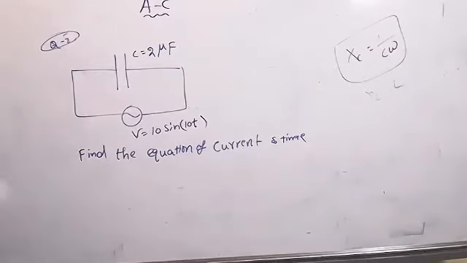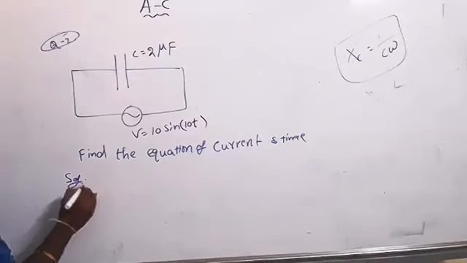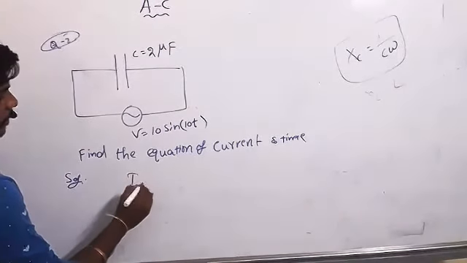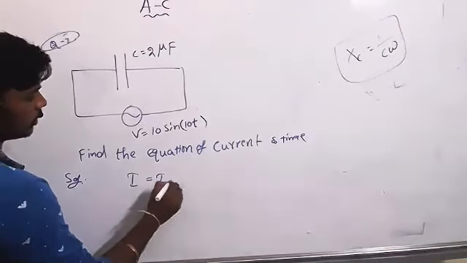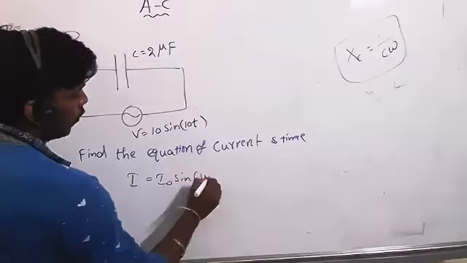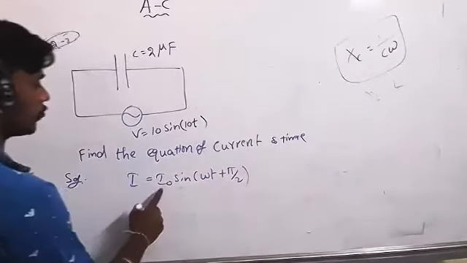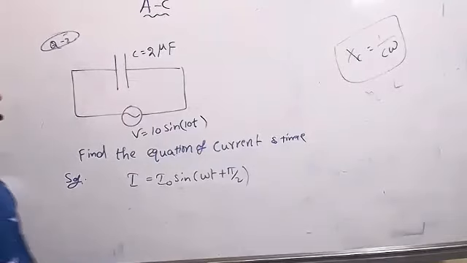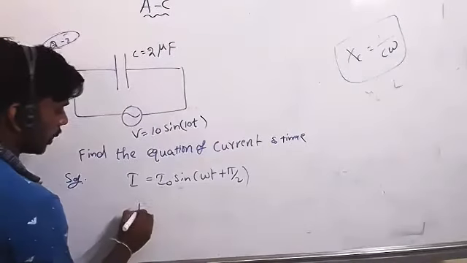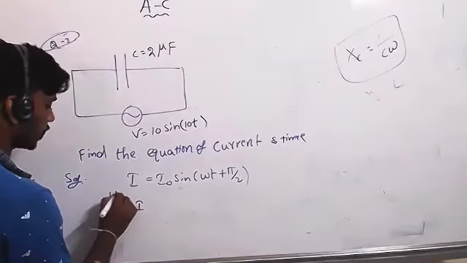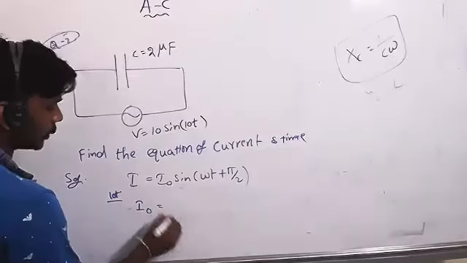Now what will you do? Solution. Equation of current in a capacitor: I is equal to I naught sine omega t plus pi by 2. We have to find out I naught. I naught equal to how much?